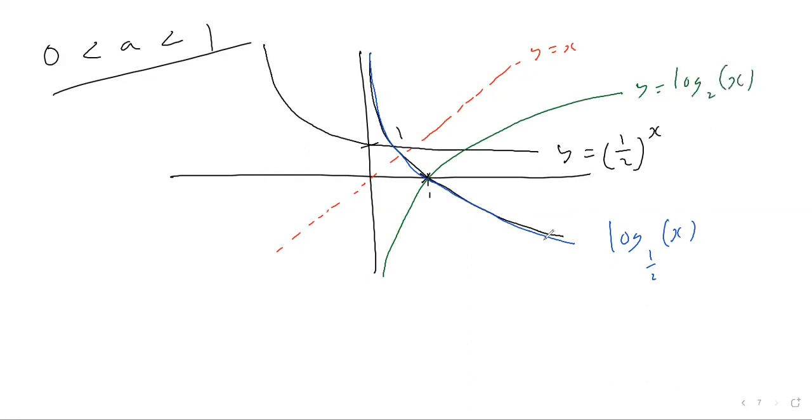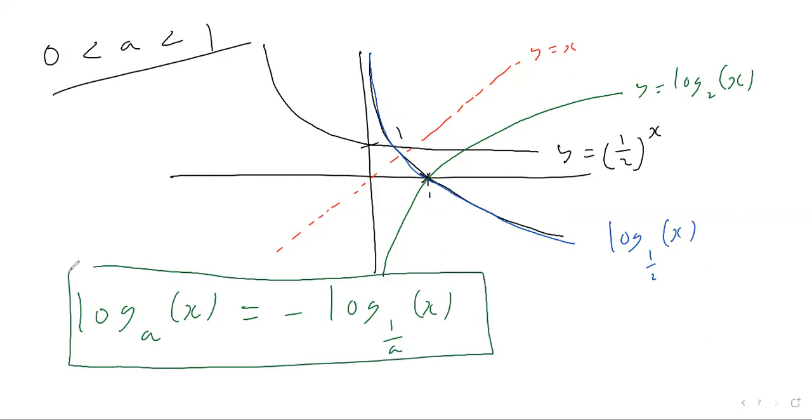So what happens is that these logs with fractional bases are related to the others. A fact to realize is that log base a of x is the negative of log base 1 over a of x. That's an interesting fact. We'll come on to it in more detail when we do the laws of logarithms in a couple of future videos, probably sometime this week.